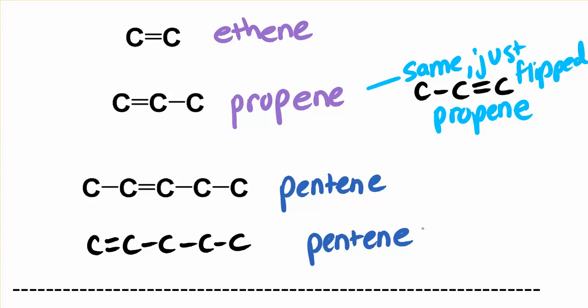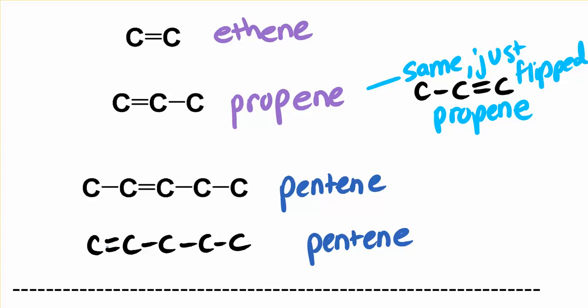We have a problem because these two are not the same molecule. These are a form of isomer. The double bond is in a different position, and the only way you can go from this top one to the one underneath is by breaking a bond and putting it somewhere else. So these are different compounds, and we need different names for them.